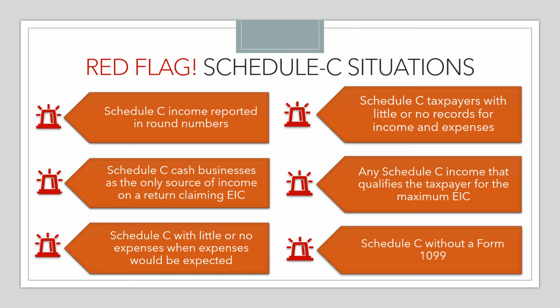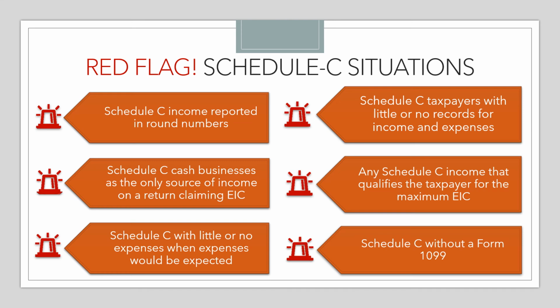And Schedule C is one of those places where there's a little more flexibility, because we're not necessarily just relying on records that are provided to the individual from an outside source, those informational returns. They might be relying on their own records. And so there's just a little more room for situations that are not honest to occur.